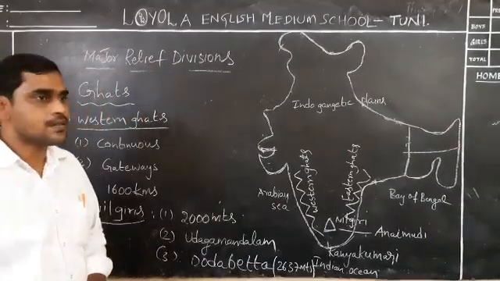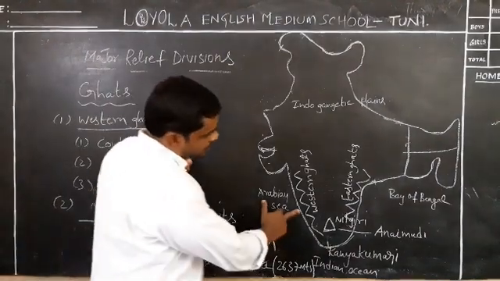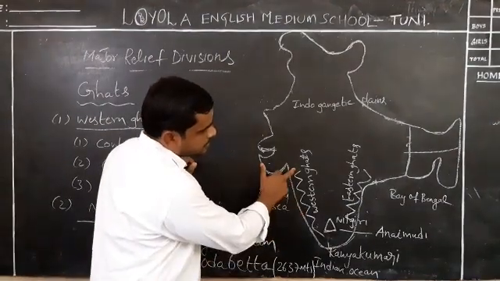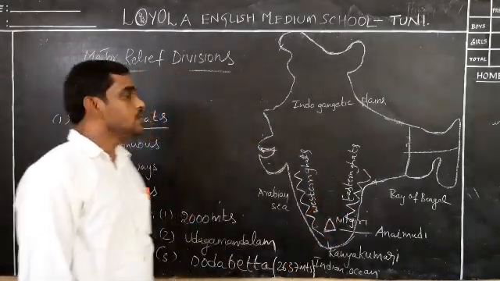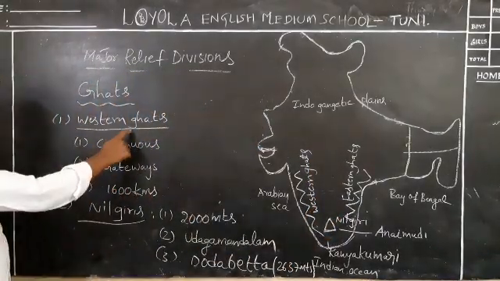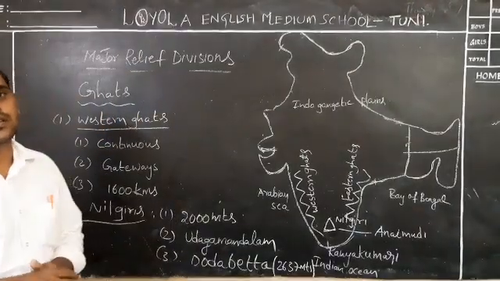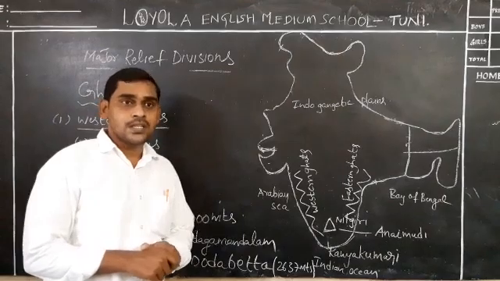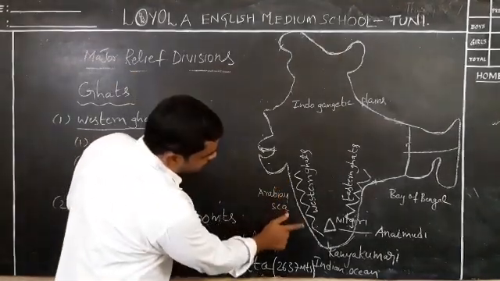Next, Ghats. Here, mention the two types of Ghats: Western Ghats on the west side and Eastern Ghats. First, we know about the Western Ghats. What are the important features of the Western Ghats? The Western Ghats are located parallel to the west coast.